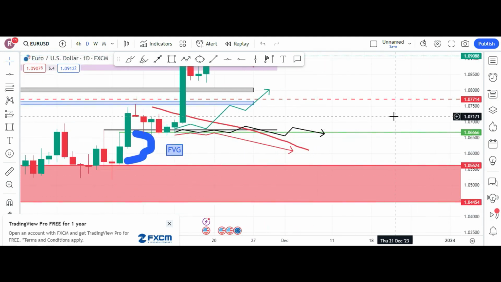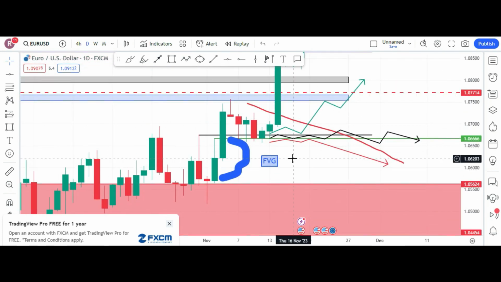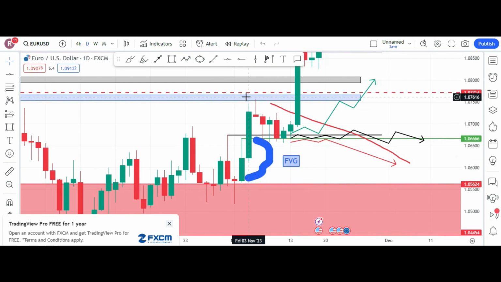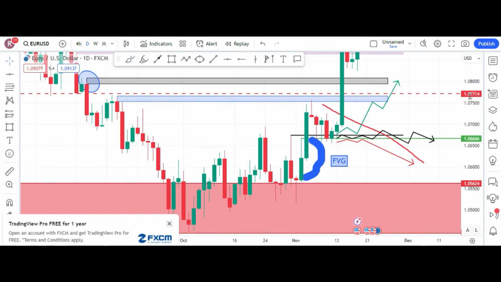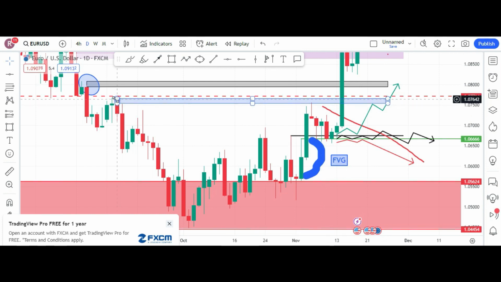In the previous week, when we tried to analyze what happened here in the day time frame, we assumed there is a cup. This is the cup, and this was the handle, but the handle was supposed to go a little bit down.